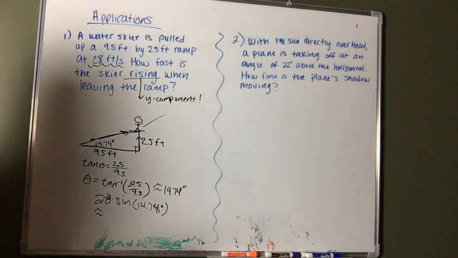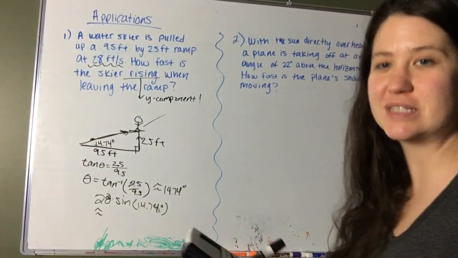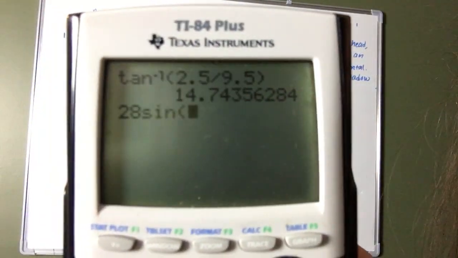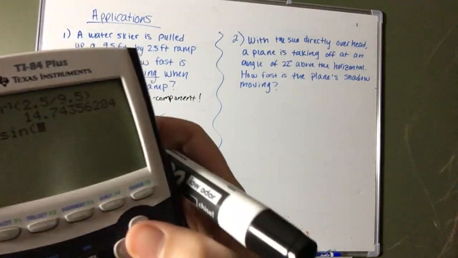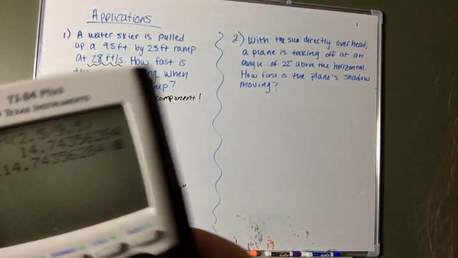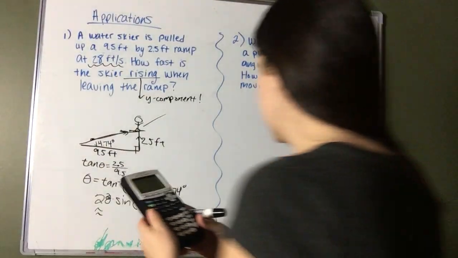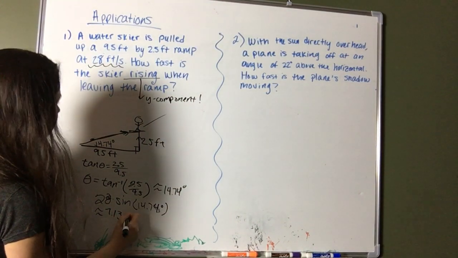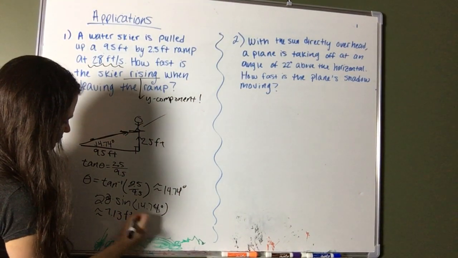Okay, so 28 times sine of 14.74. I'm just going to go ahead and pull that number up from up there. We get 7.13. So this would also be in feet per second.